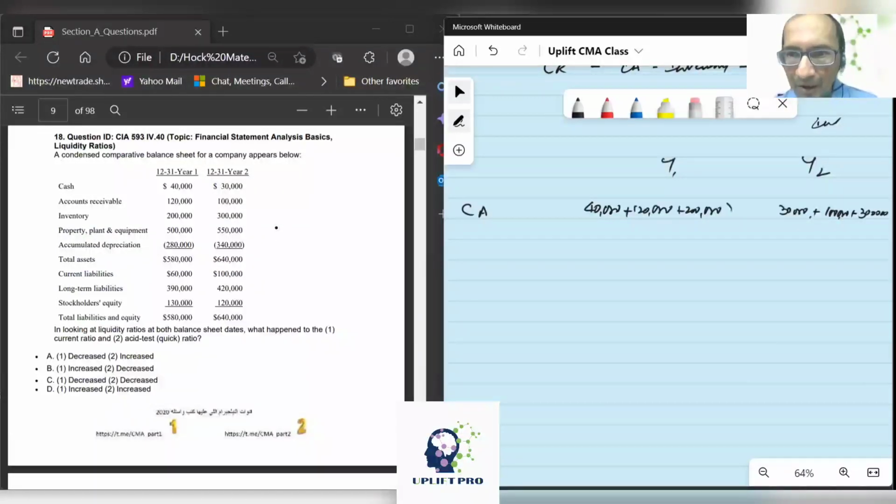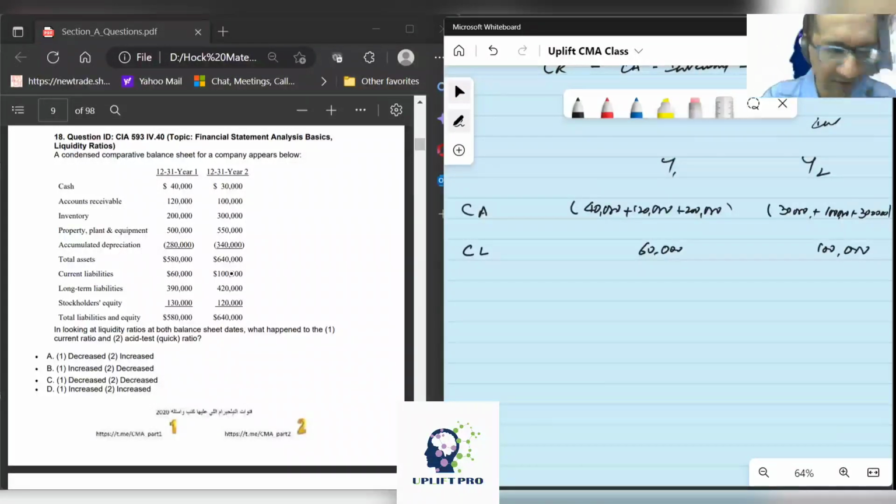So this is the current assets for year 1 and year 2. And current liabilities are 60,000 and 100,000. It is given in the question. We don't have to calculate this.